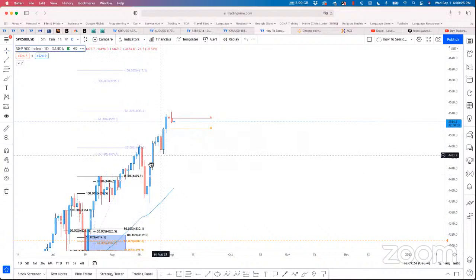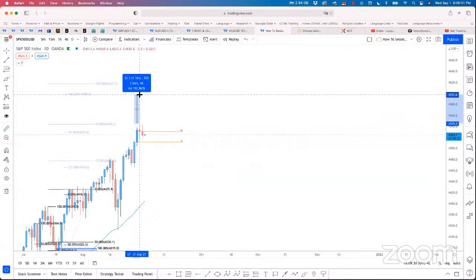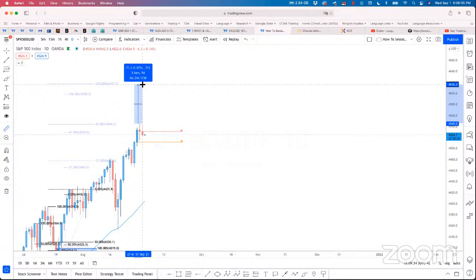Let me see. So this is only another 1.5%. Yeah, we could definitely do this. Between 4,600 and 4,625 is definitely doable.